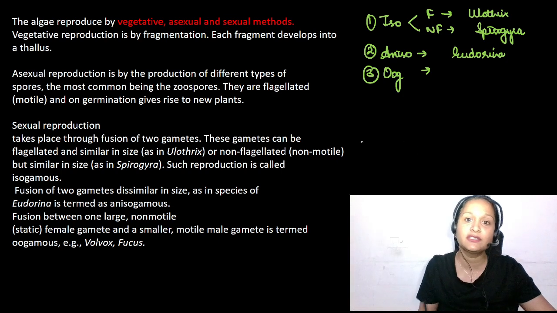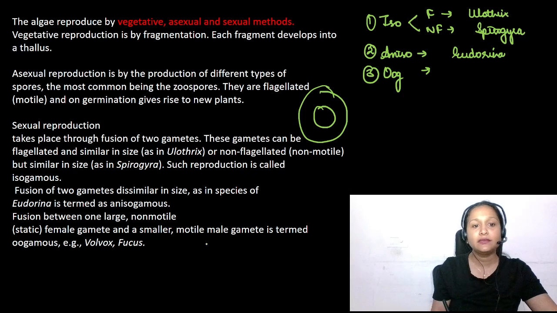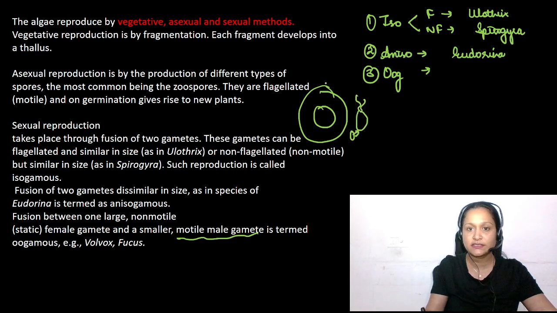In the oogamous, the female gamete is non-motile and it is larger in size, whereas the male gamete is motile. This is male gamete, this is the female gamete. So this is oogamous type of reproduction.